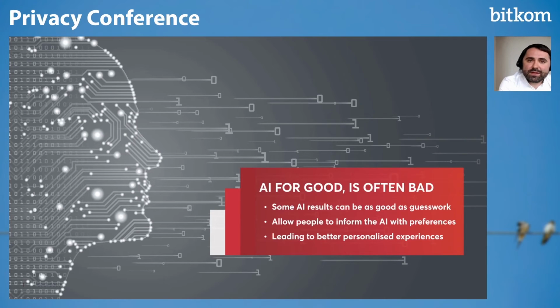So if you want to pursue this, you should be careful what data you're using to feed the AI. And if you allow people to inform the AI with their respective preferences, that obviously leads to a better personalized experience.